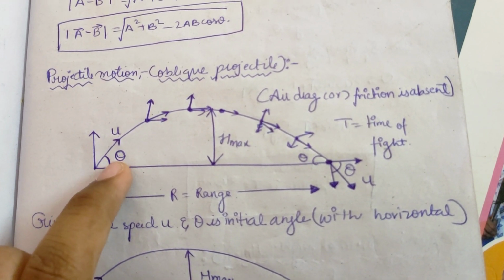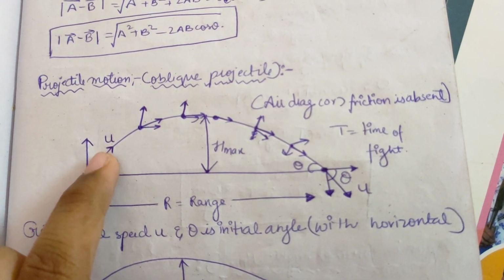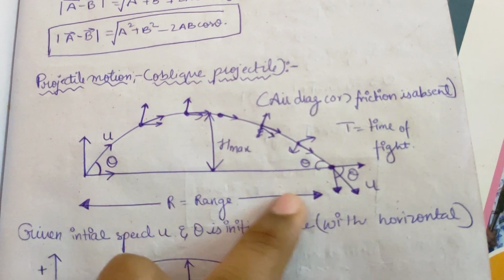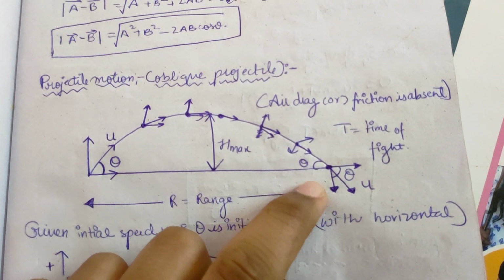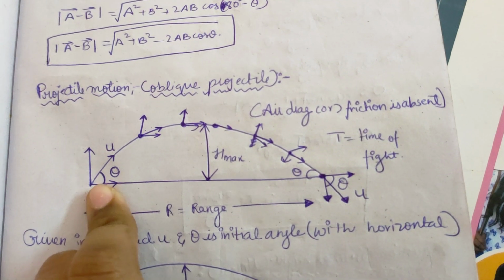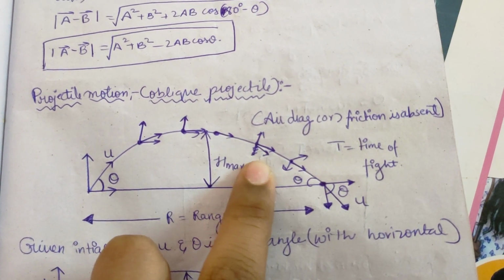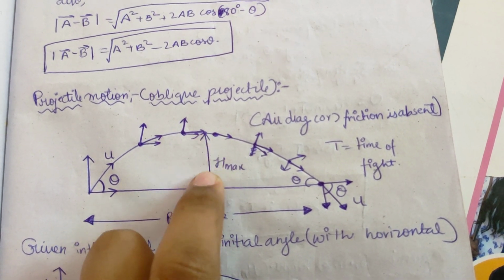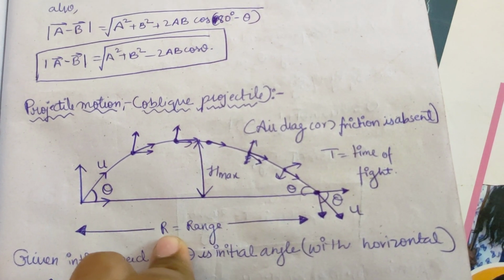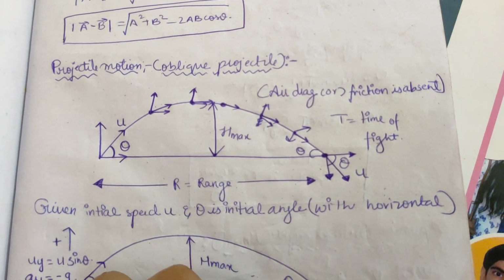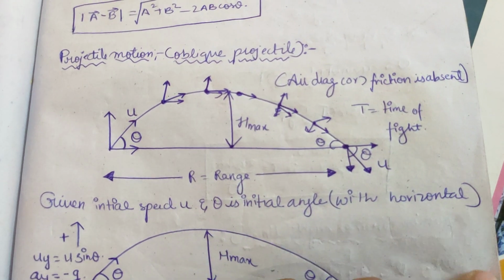The angle between these is theta. u is the initial speed, v is the final speed, and the angle theta between these two is the same as here and here, and the maximum height is h max, and the range between these two is R, the range. T equal to time of flight.